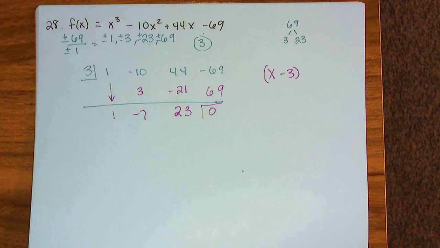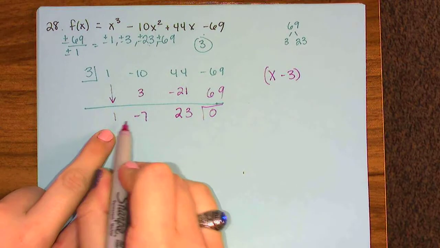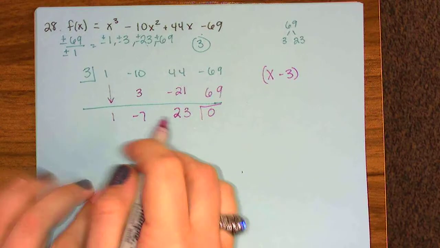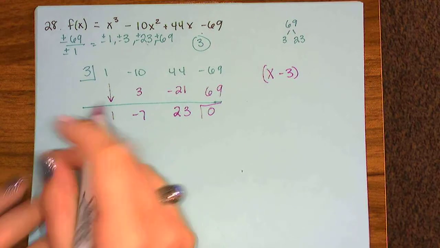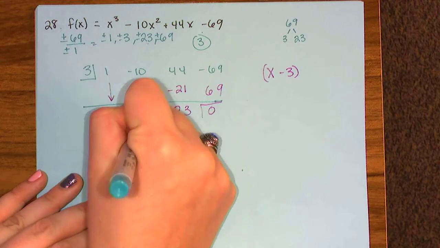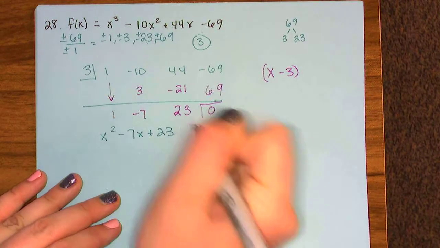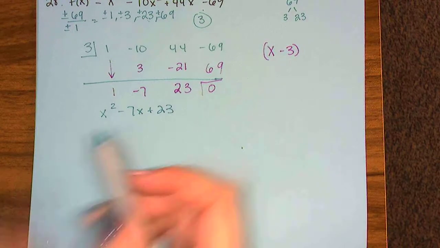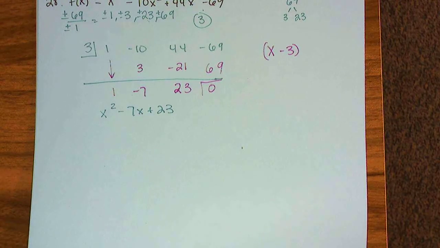But I've still got to find what my other ones are. Okay, so rewriting this here at the bottom, what does this give me? x squared minus 7x plus 23. So now I need to factor this if it's possible. If it's not possible to factor it, then I need to use another method.